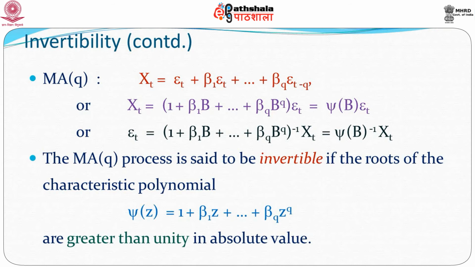Okay. So, in this case, it is a similar type of condition, again based on the characteristic polynomial associated with the MA q process, and we have the same sort of condition, but in this case we are just inverting the MA process to write it in terms of the past values of the original process variable.